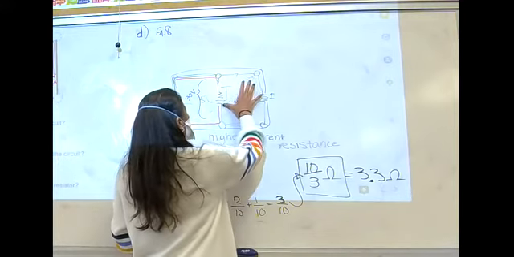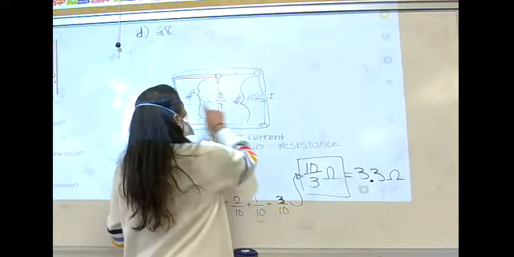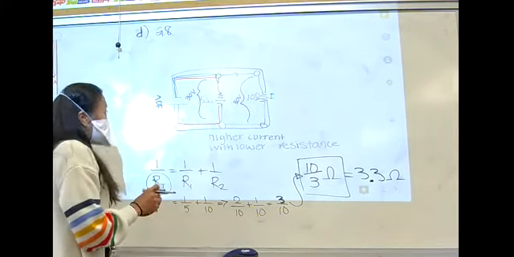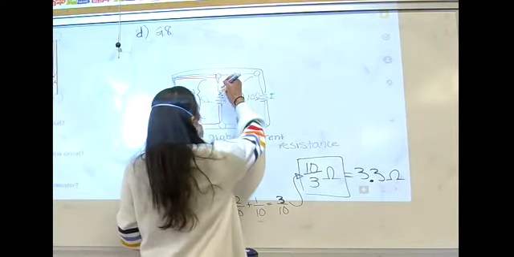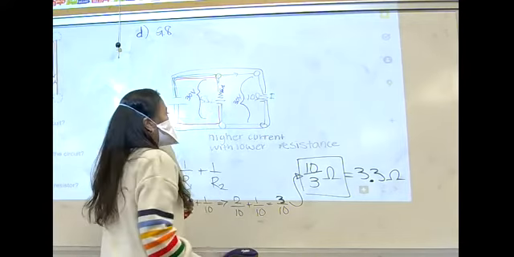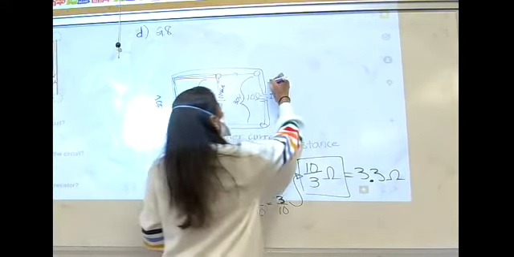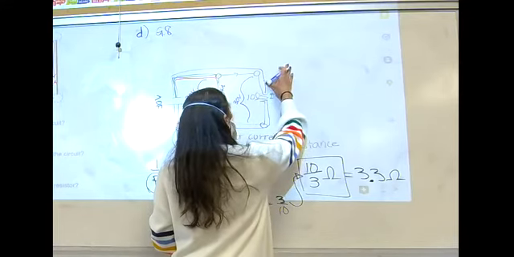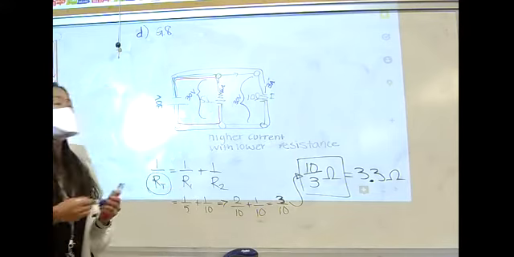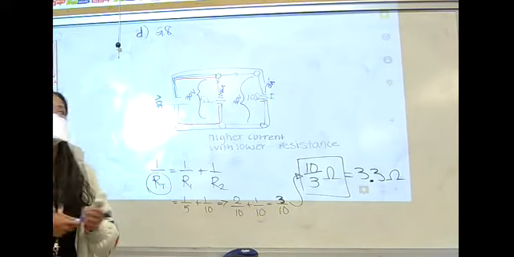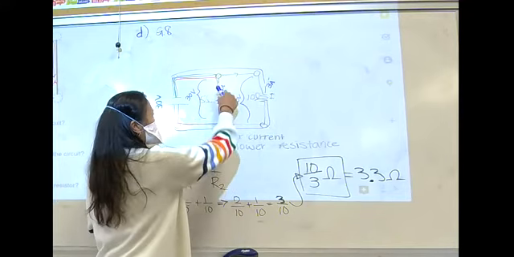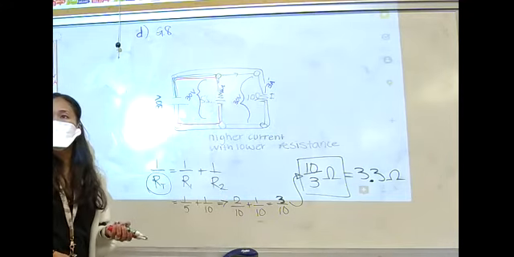So let's see what we get by doing this division. 30 divided by 5 gives me 6 amps through here. 30 divided by 10 gives me 3 amps. And it matches what we thought would happen. We've got a high resistance, low current, and a low resistance, higher current.